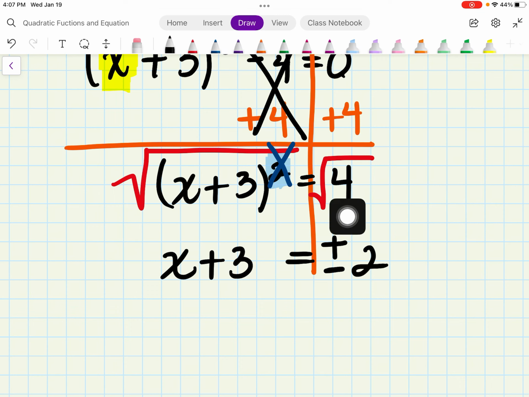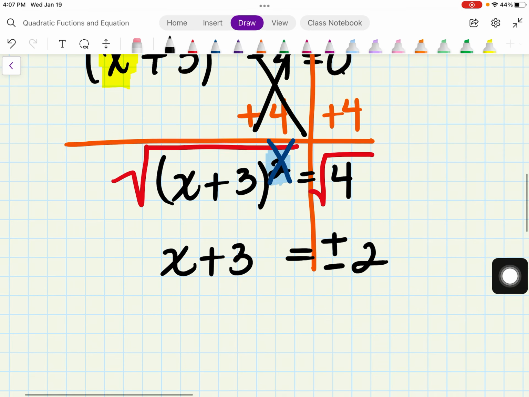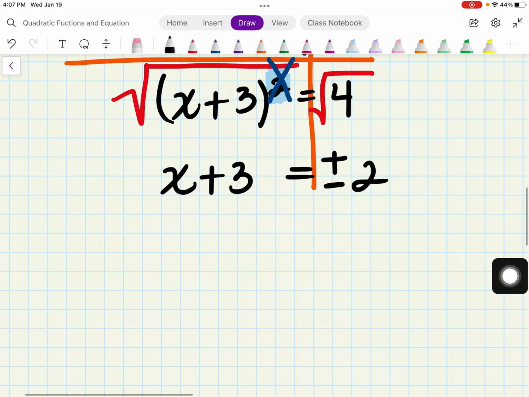But since we took the square root in an equation, we have two solutions: a positive and a negative 2. Once again, whenever you take the square root in an equation, there are two solutions, a positive and a negative, because if I square a positive 2, I get a 4, and if I square a negative 2, I also get a 4. That's where our two solutions come from.